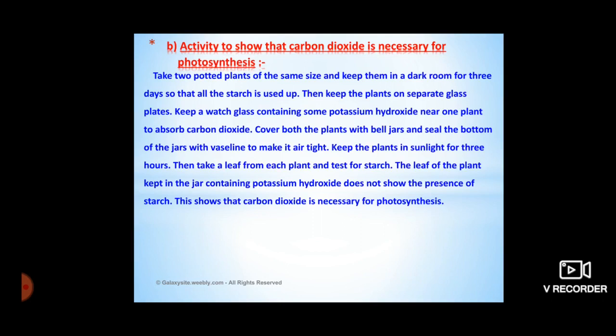Because to use up the starch only, we have to keep the potted plants in the dark room for 3 days. Then after the completion of these 3 days, we have to separate these two plants and keep a watch glass containing some potassium hydroxide near one plant.